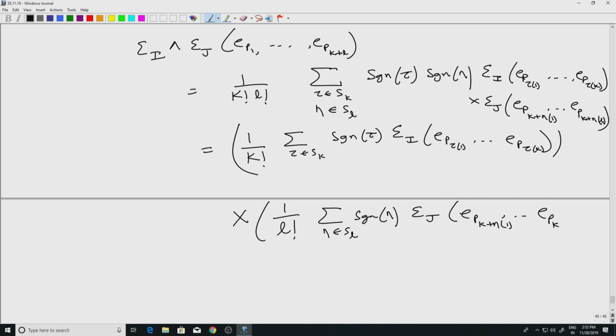P k plus eta of L, and one whole big bracket around this.